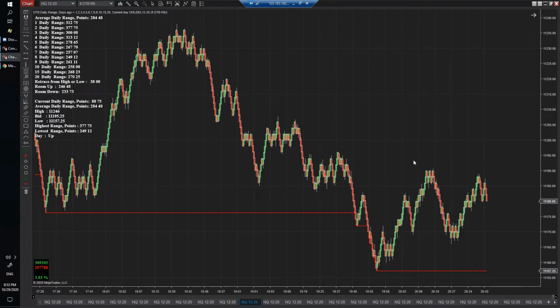So for example, if the average daily range is 284 and the current daily range is 200, and the room up is 250 and the room down is only 50, there's a very, very high likelihood that to fulfill the daily range, the price is going to be going down that 50 points instead of going up that 280 points, purely because the time in the day is nearing an end and they don't have enough time to pull the price up to a new high to fulfill that daily range.